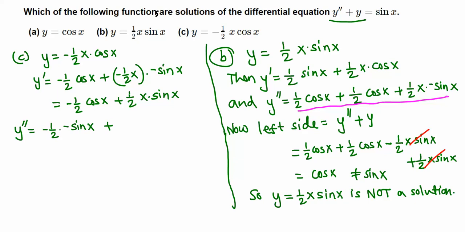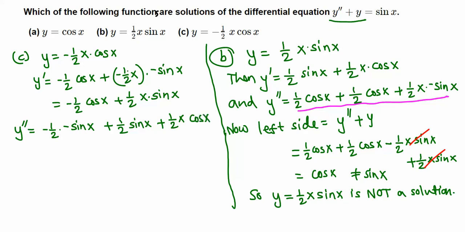We can say 1/2 x is one factor and sine x is the second. It's like part B. Let's use the product rule. Derivative of the first factor 1/2 x is 1/2 times sine, plus now 1/2 x constant, derivative of sine x is cosine x. Okay, we found the second derivative.